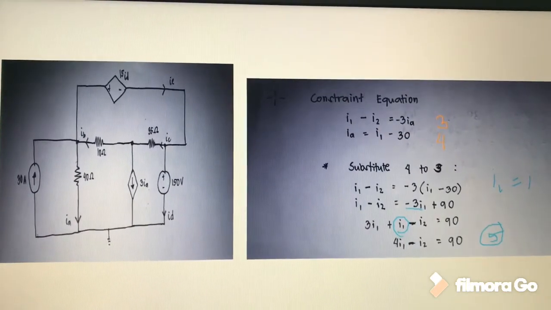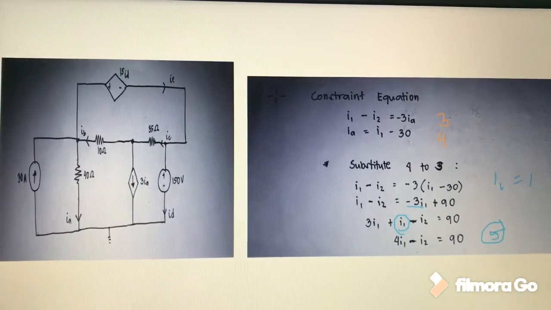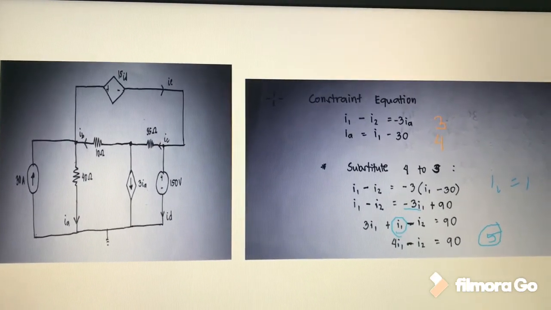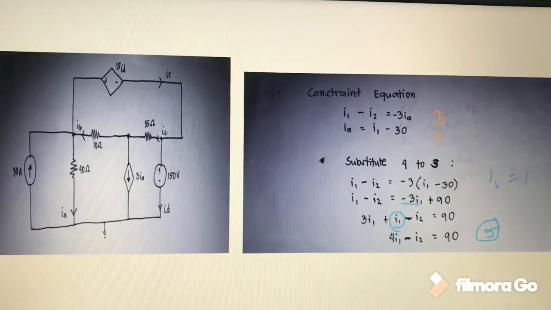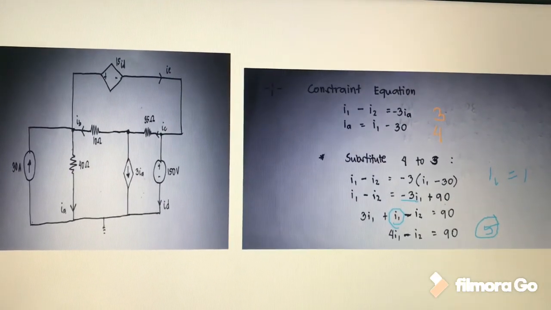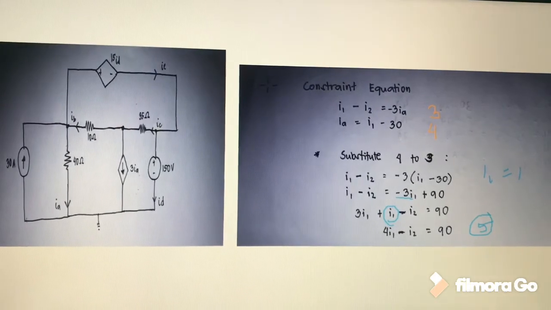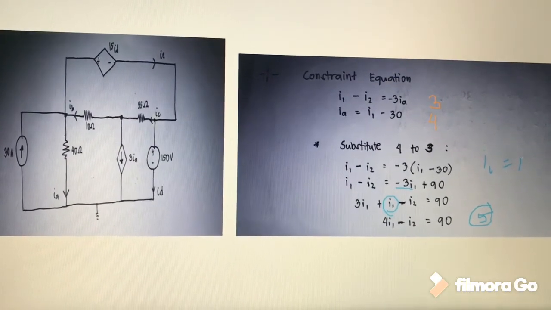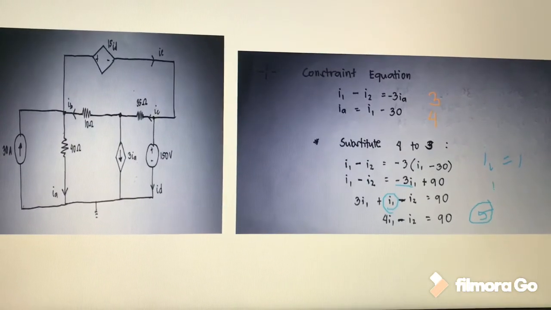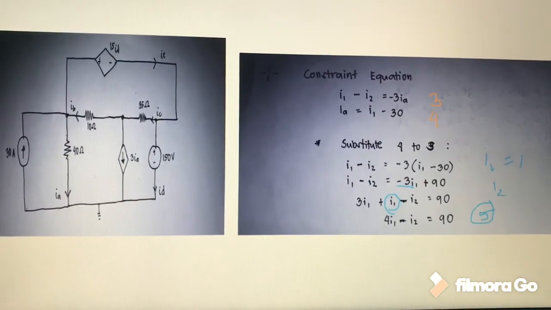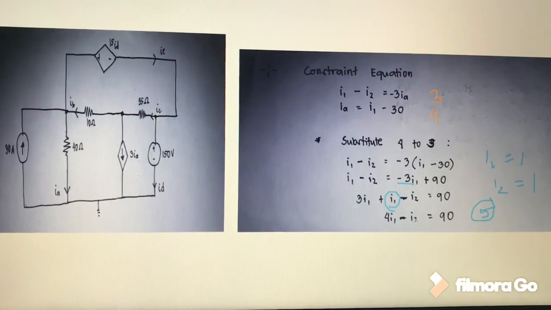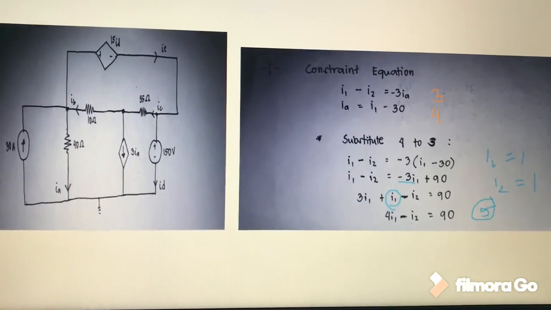In equation 5, we have 4I1 and we have I2. As I have said earlier, the coefficient of I1 is equal to 1, and also for I2, it is also equal to 1.